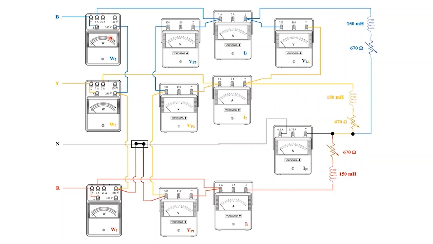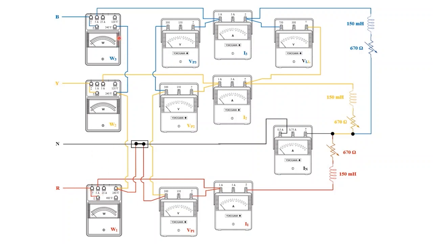So we saw the current coil connections of each wattmeter, and now we are going to see the connections of the voltage coil of the wattmeters. Here you can see the voltage coil. One terminal of the voltage coil is connected to the common point of the wattmeter, and it is connected to phase B. Here also the same arrangement.